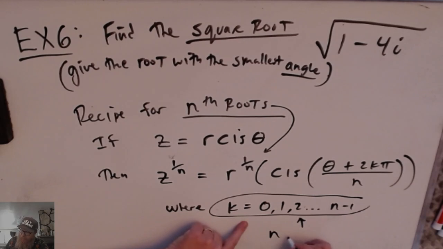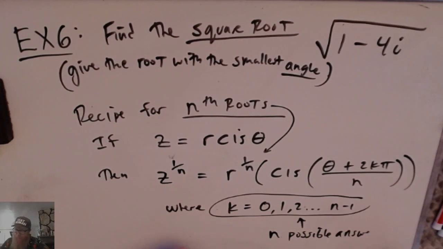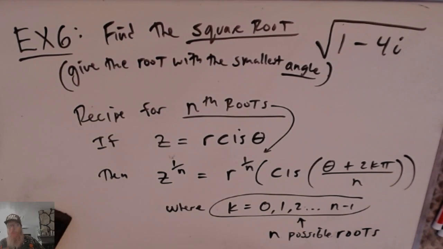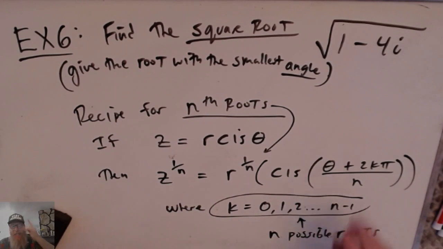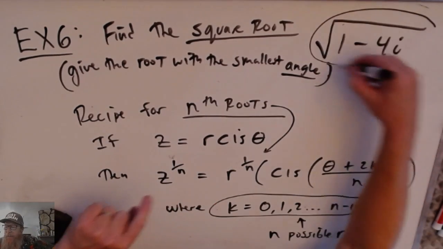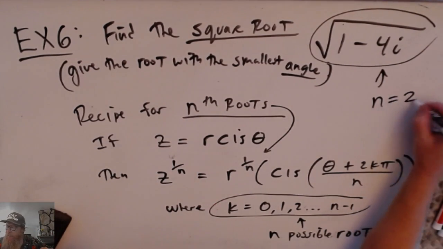So this gives you n possible answers. Let me call them roots instead of answers. So you start with 0 and you stop at n minus 1, and this will give you n roots. In this problem, n is 2.